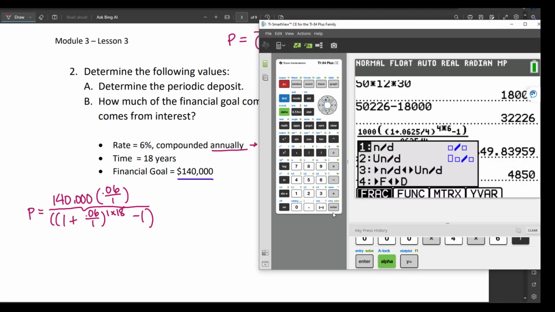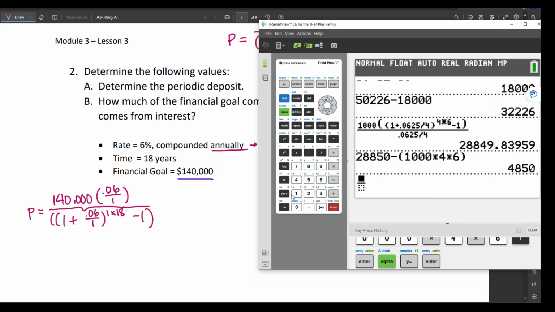Alright, so I'm going to create our fraction, alpha, y equals, enter, and we have 140,000 times 0.06 divided by 1. On the bottom, we have double parentheses, 1 plus 0.06 divided by 1.